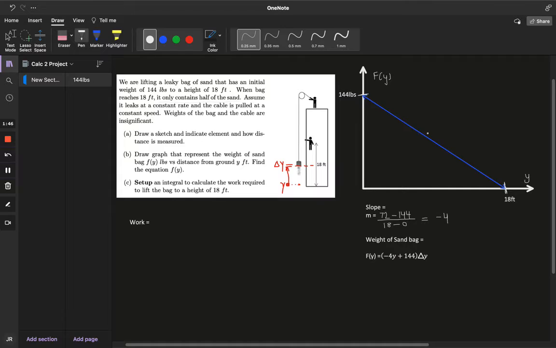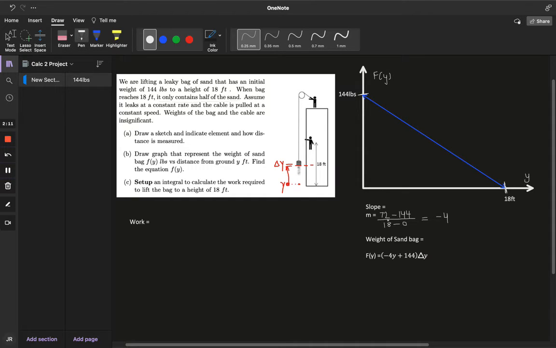So since we know that, we can devise F of y and use the slope-intercept form to find the weight of the sandbag. So over here, first we need to find the slope, and since we know that at halfway it only contains half of the sand, which is 144, half of that would be 72.